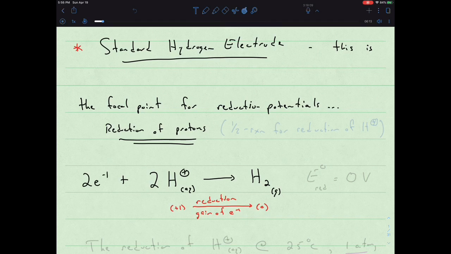So there's our balanced reduction reaction for the reduction of protons, and that reduction potential is equal to 0 volts. So we're looking at the half reaction for the reduction of H+.